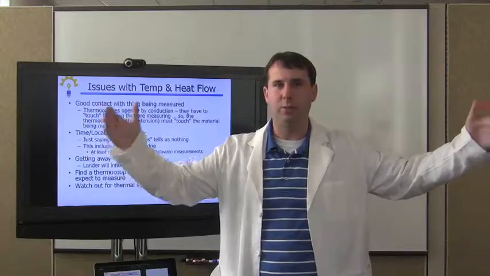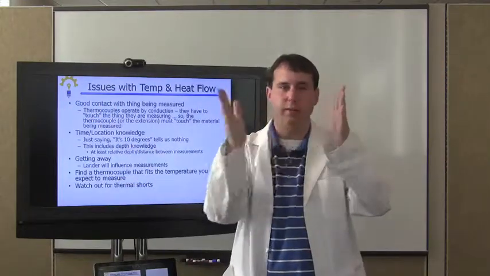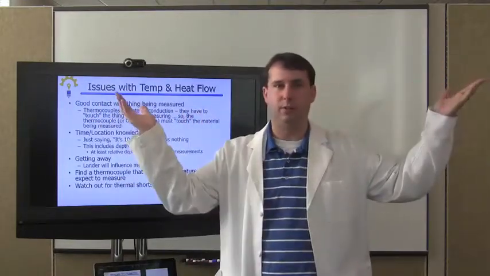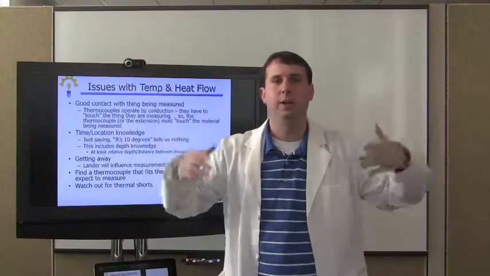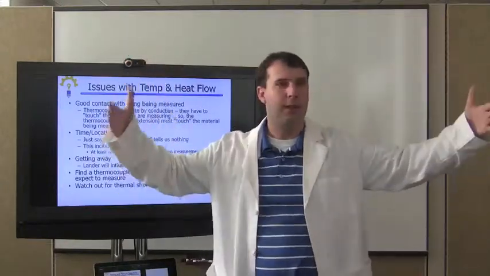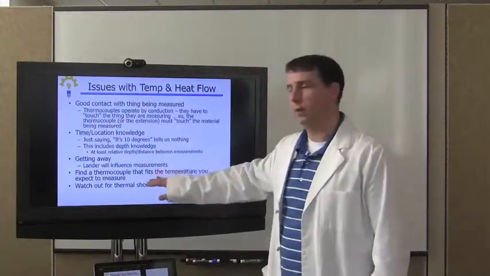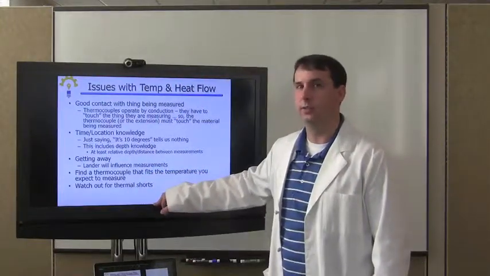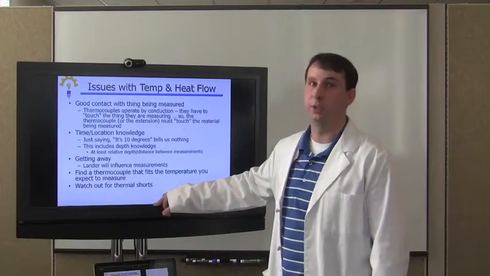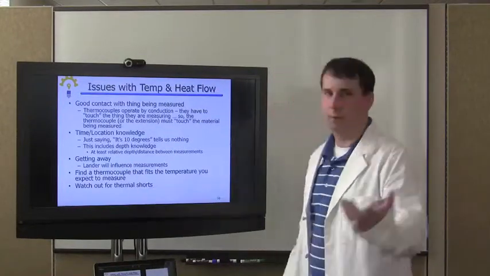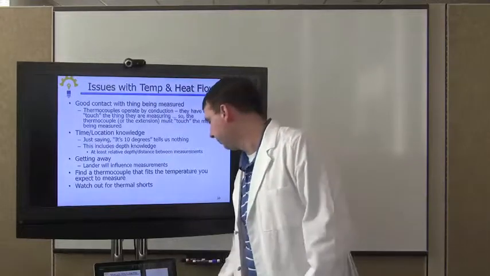You want to get one that works here, so that if you're outside the range, you don't get, oh, we're messed up, we got outside the range. So you can get some wide range ones, some narrow ones, stuff like that. But thermocouples are calibrated to work in certain temperature regimes, basically. And watch out for thermal shorts again. Thermal shorts are going to get you.